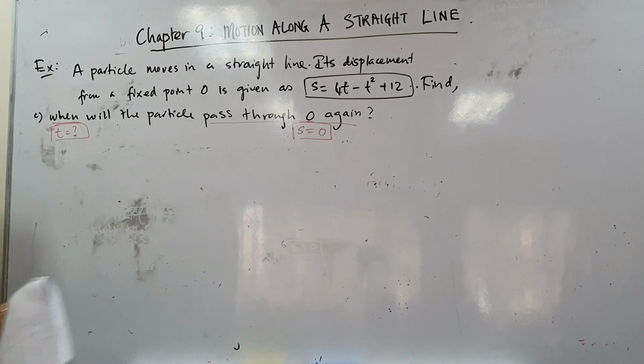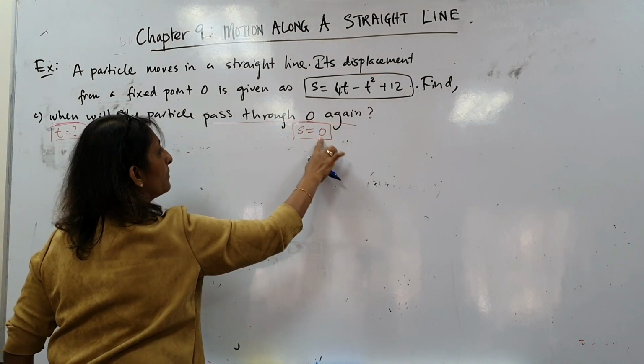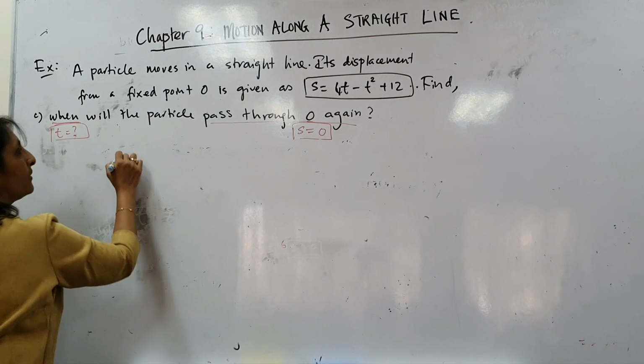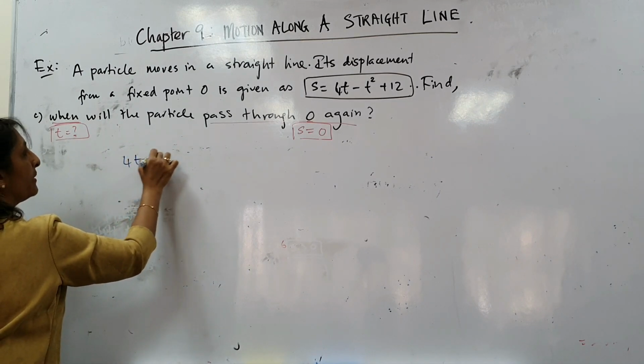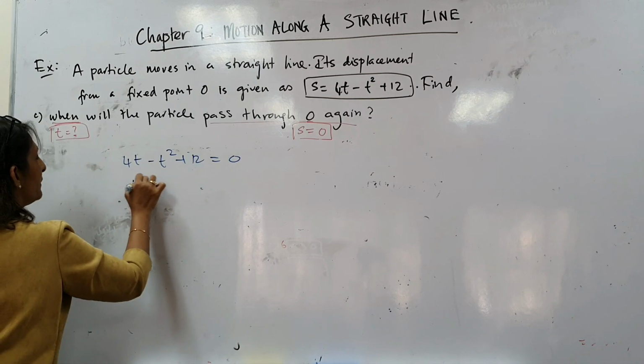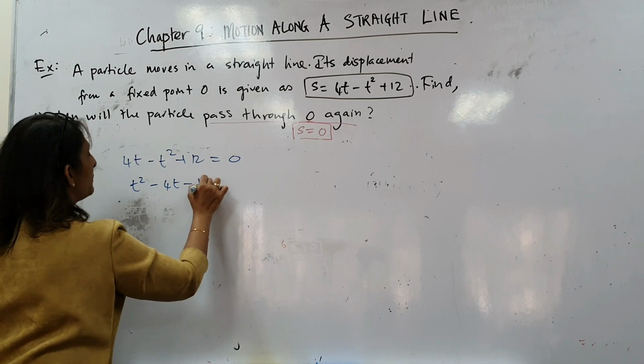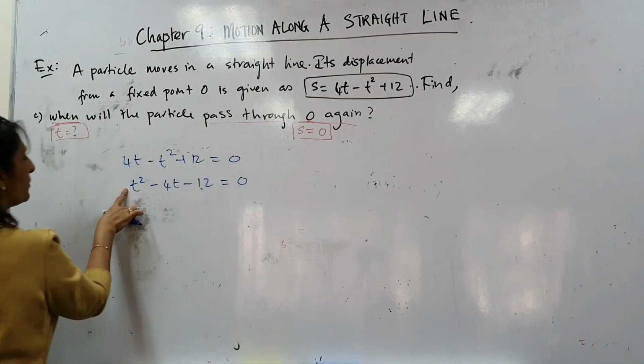So, substitution again into the equation. The original S equation is given. You sub S equals 0 here. So you get 4t minus t squared plus 12 equals to 0. Then we arrange it in the quadratic form and we times by negative to make this positive.